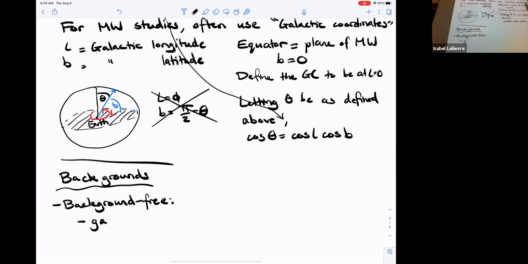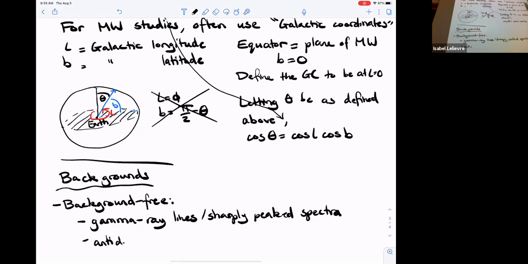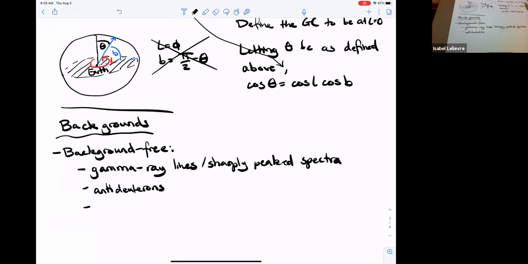That list is pretty short. Gamma ray lines or a sufficiently sharply peaked gamma ray spectrum can be in this category. Anti-deuterons can be in this category. There aren't a lot of ways to make them through conventional astrophysics, and heavier anti-nuclei.